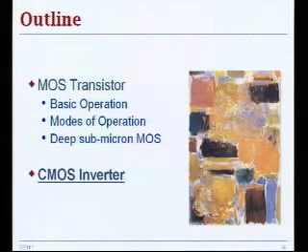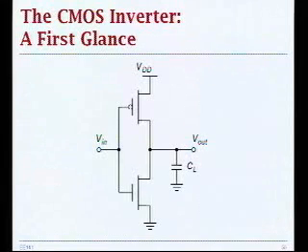And now we will start looking into logic gates, moving up in abstraction, and we will analyze first a CMOS inverter. As you saw, this configuration is basically PMOS and NMOS transistors connected with a common gate and a common drain, and it's loaded with a certain load capacitance.